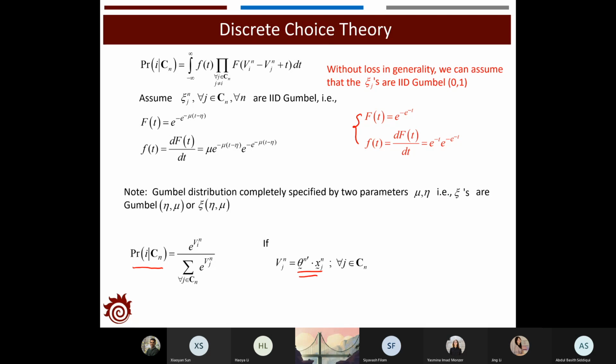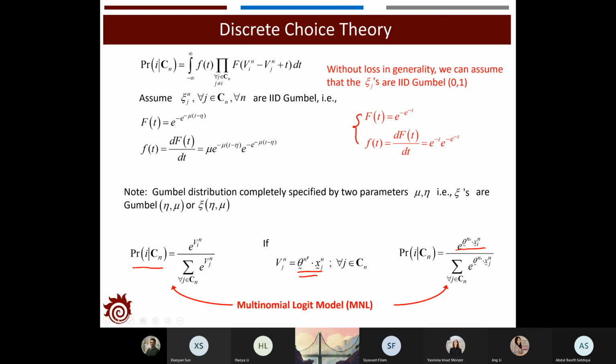So we replace v with a function of theta and x. With that, we have the probability of choosing i as exponential of theta times x_i divided by the summation of exponential of theta times x_j. These two are defined as the multinomial logit model.